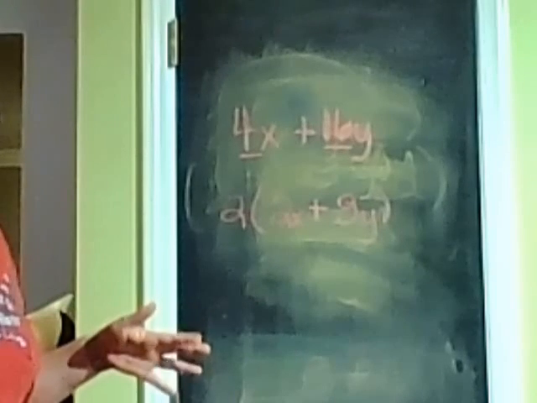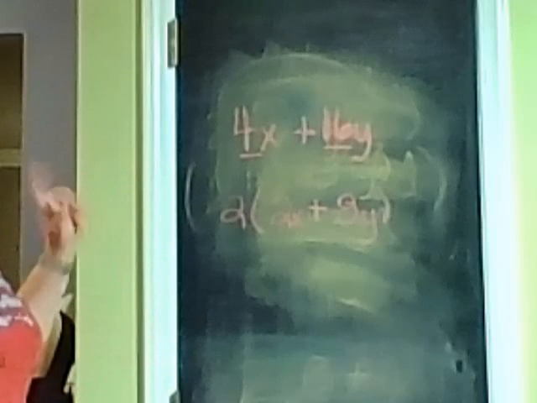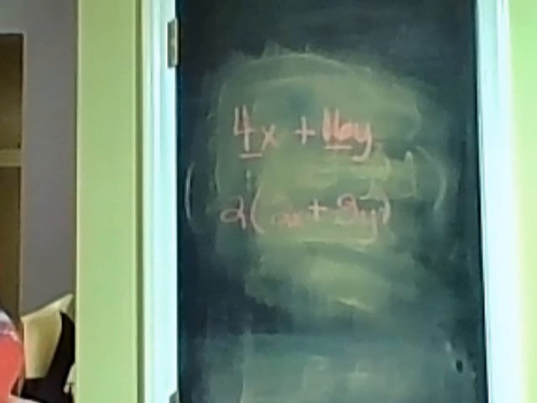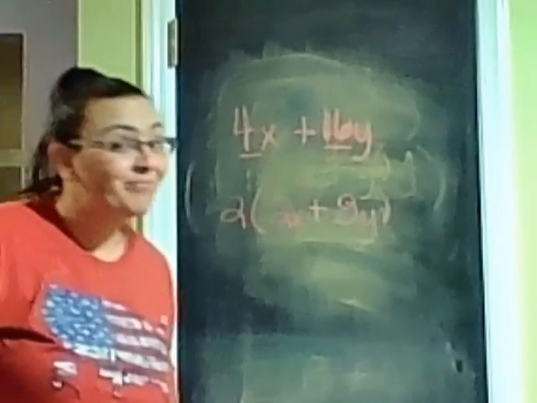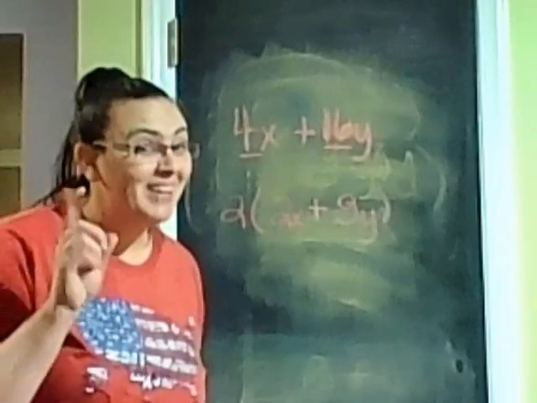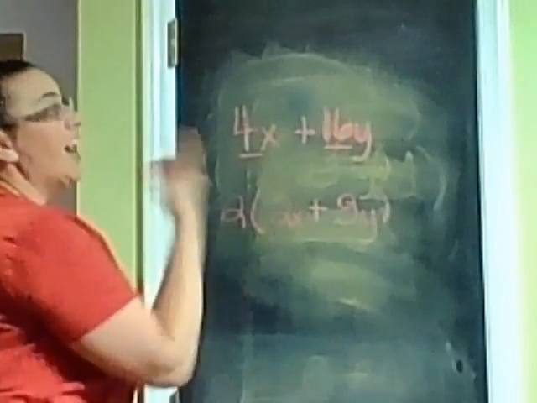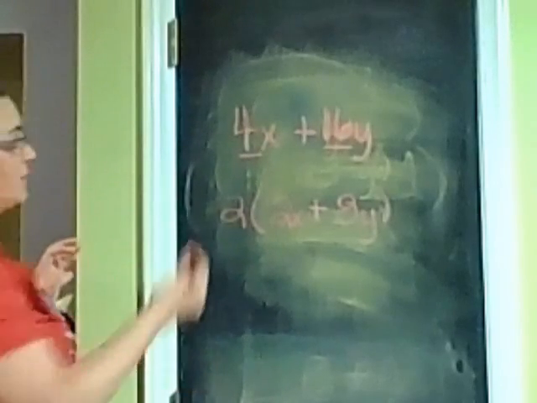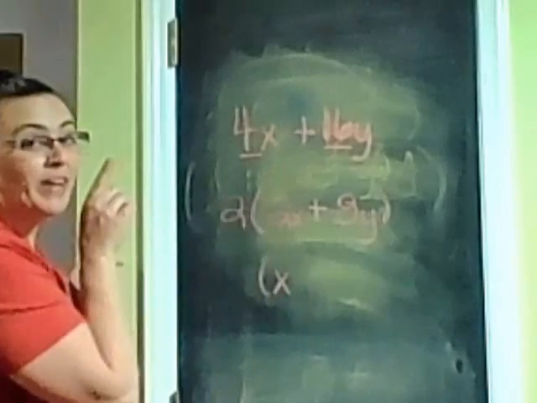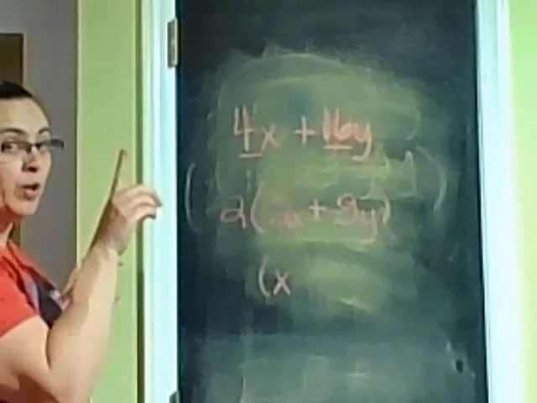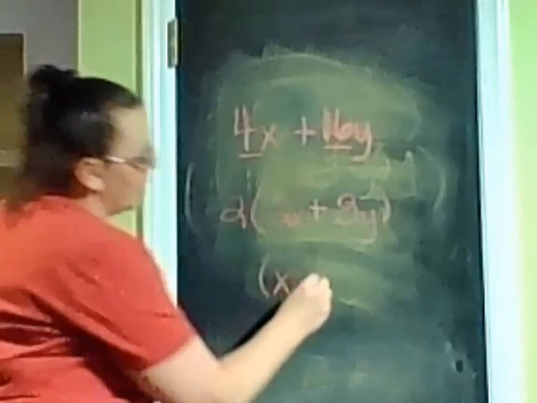Is there another way we could do this? Is there something else that could be similar between 4 and 16? Are you thinking 4? Because I am. So if I take 4 out, I divide by 4. Another possible way to solve this would be x, or 1x, because 4 divided by 4 is 1. But when 1 is the coefficient, it's kind of invisible.